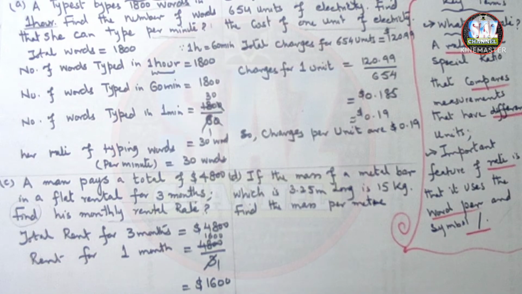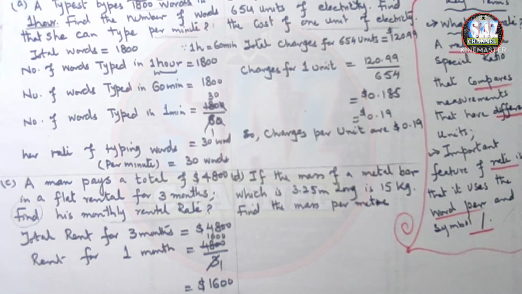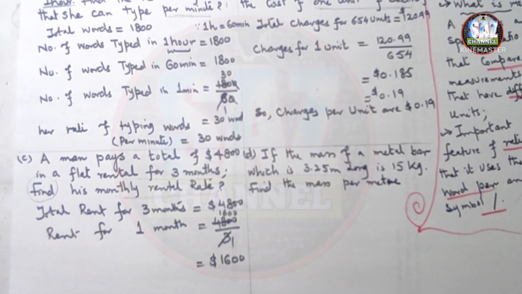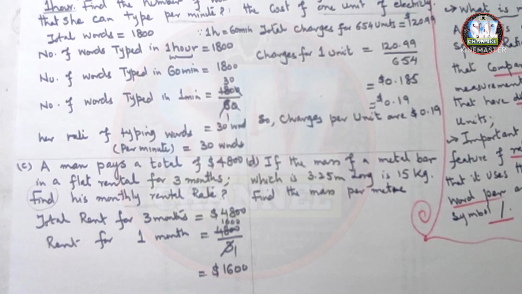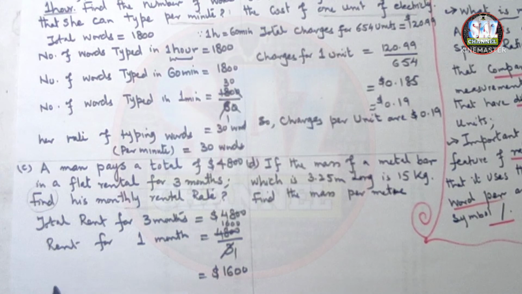You should have good command on tables and calculations and your squares and cubes, because if you want to go for the O-level examination, you have to perform the calculation mentally. If you are not good at tables and calculations, you will be in difficulty while doing your paper 1. So rent for 1 month equals $1,600.